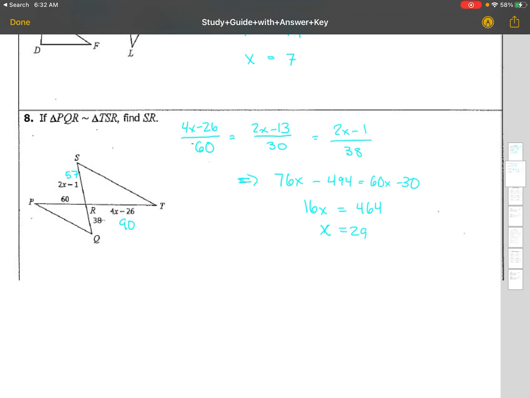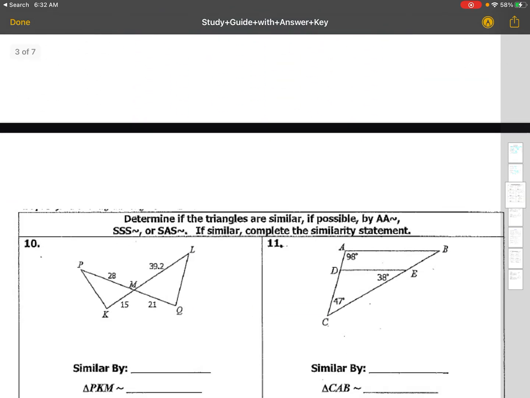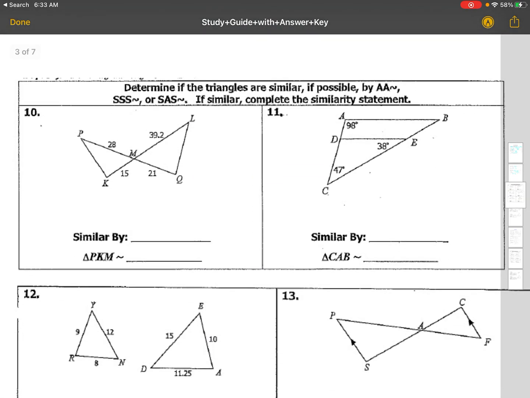So PR is proportional to TR, so 60 over 90, 30 divides into both of those, that's 2/3. And then 38 divided by 57, 19 divides into both of those, so that's also 2/3. That's how you know your answer is correct.